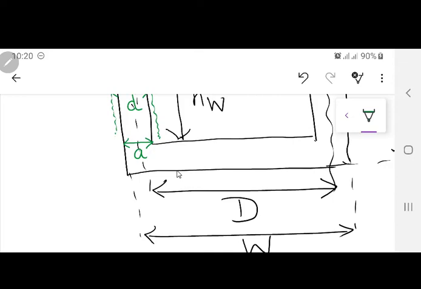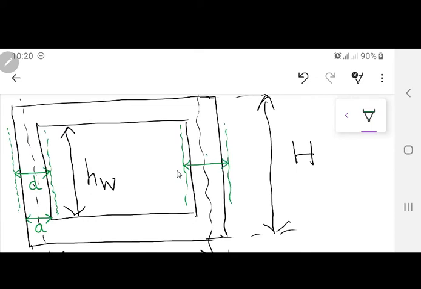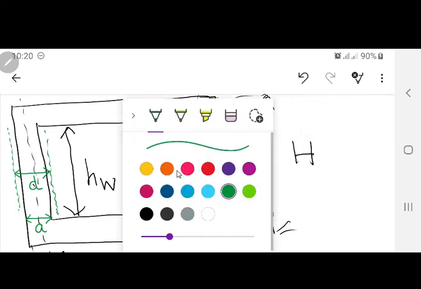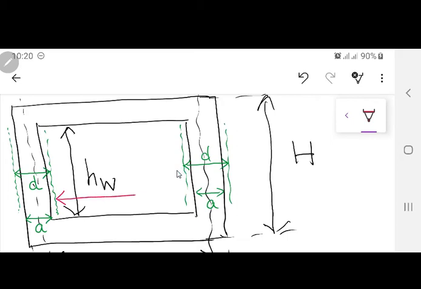So based on all this, A, D, and similarly on the other limb as well, let me draw it for the other limb. So this is equal to D, this is equal to A, and certainly from this side to this side, this is the width of the window. Please remember, from the circumscribed circle.